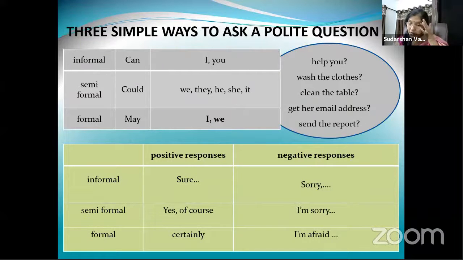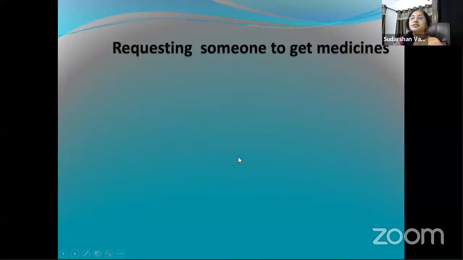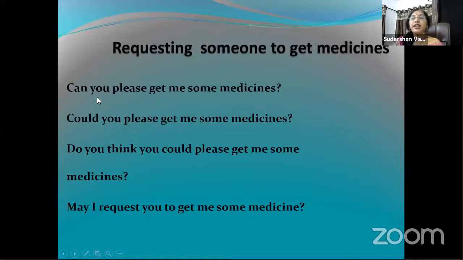Okay. Now we have seen how a polite question is asked and the replies to it too. Now let's take a look at the next. I did this earlier too, requesting somebody to get medicines. Can you please get me some medicine? Look at the construction. Can you please?